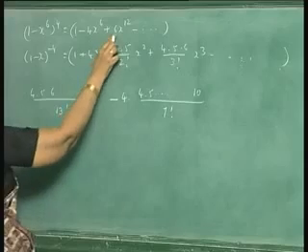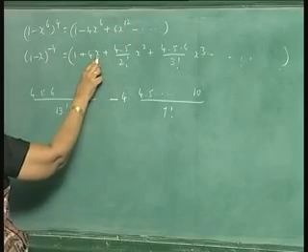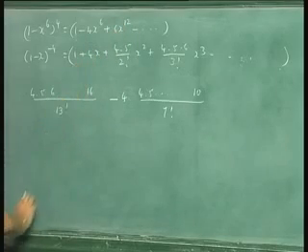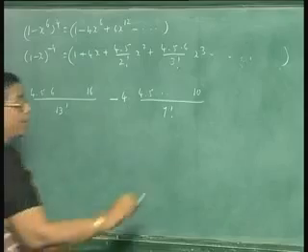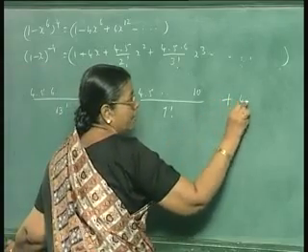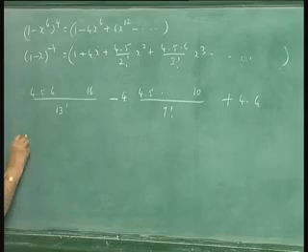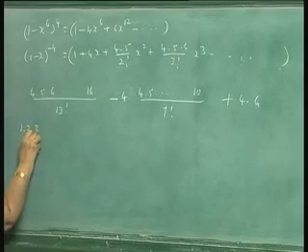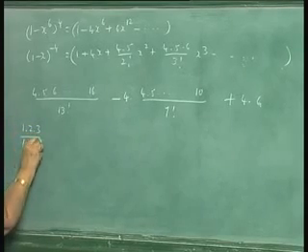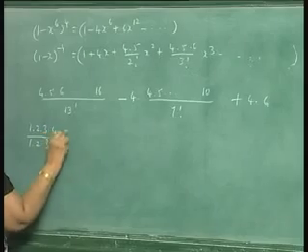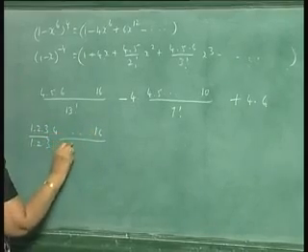And this will be 14 into 15 into 16 by 6, since 13 factorial will cancel off. Here again up to 7 you can cancel off. So, this will give rise to 4 into 8 into 9 into 10 by 6 plus 24.